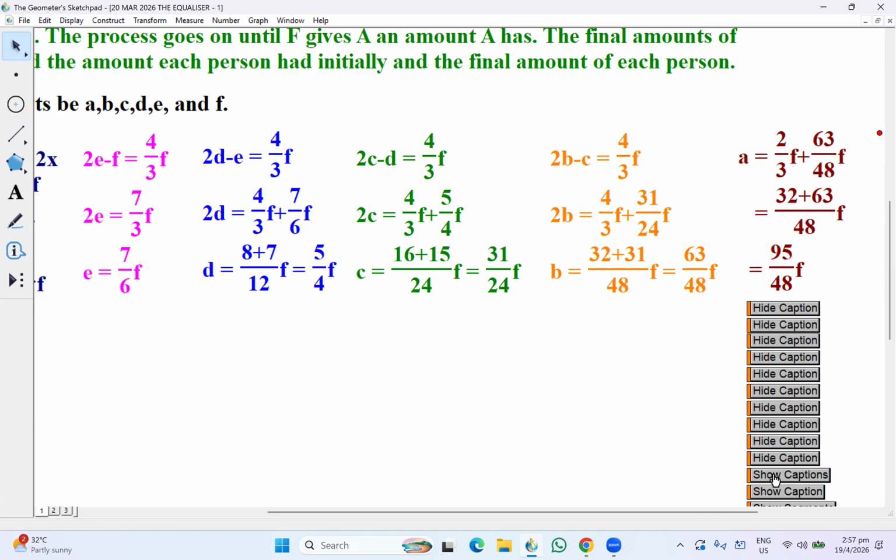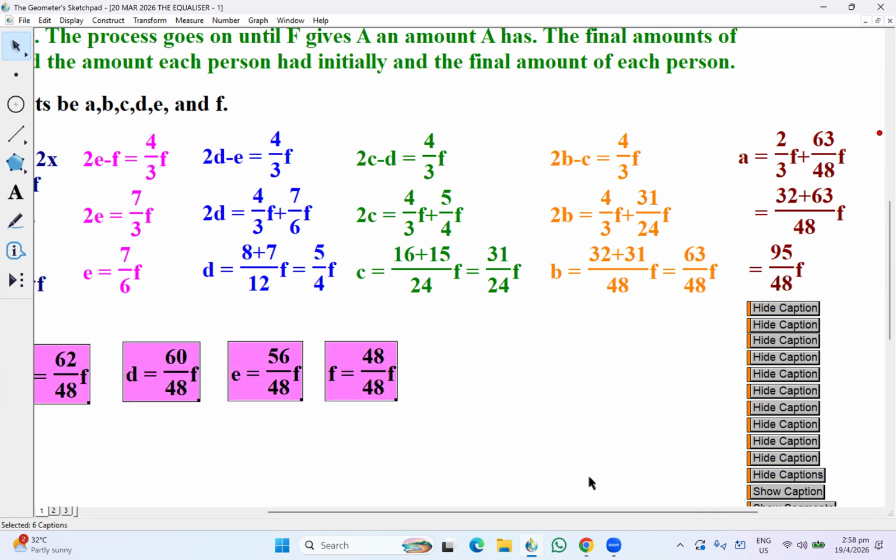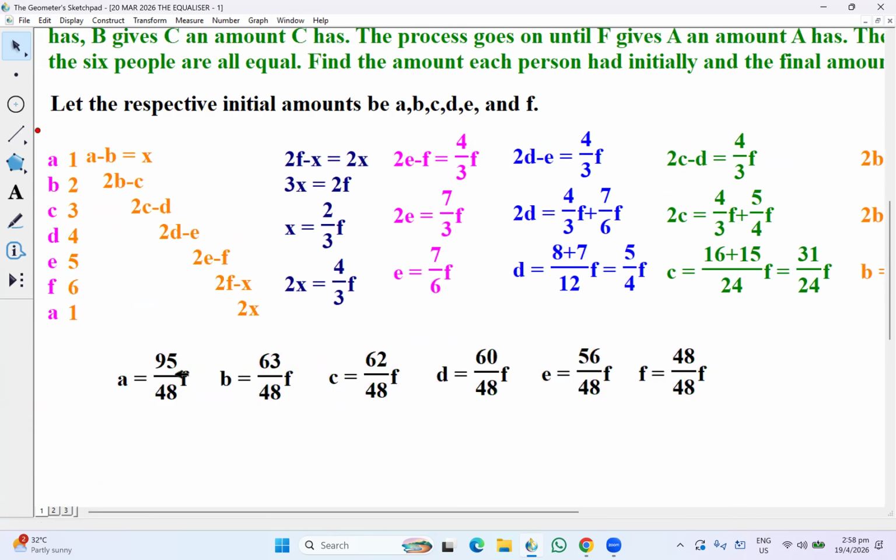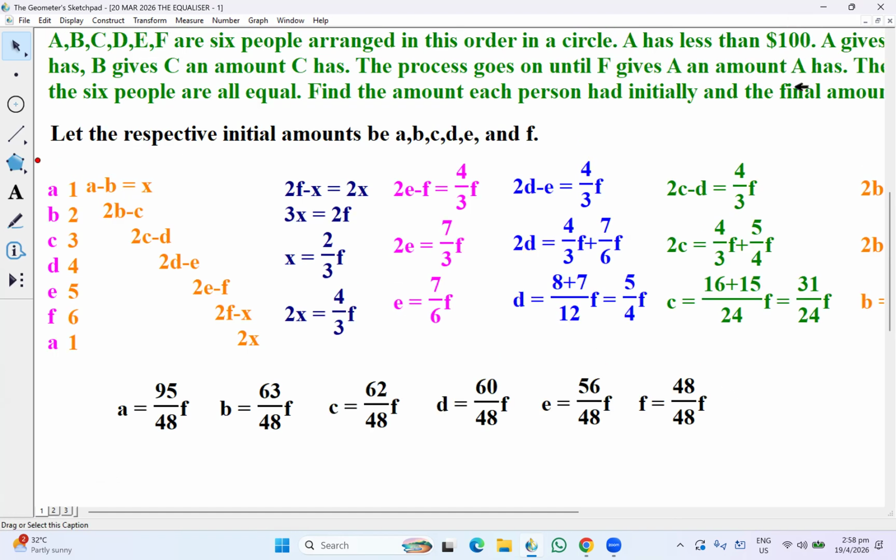So let's see what they mean. I'll write down A 95 over 48, 63 over 48, 62 over 48, 60 over 48, 56 over 48, 48 over 48. So we are told A has less than $100. So we put F as 48. So there is $95 only. Put F as 48.